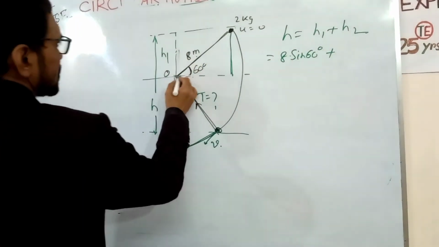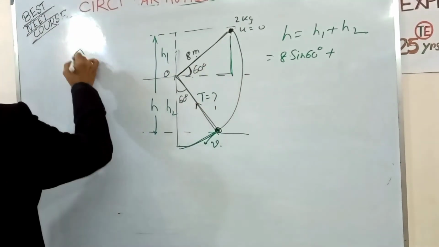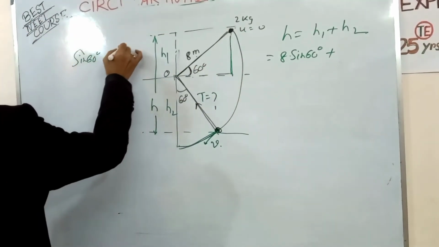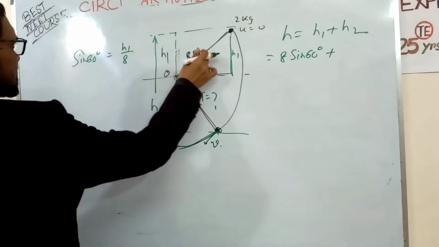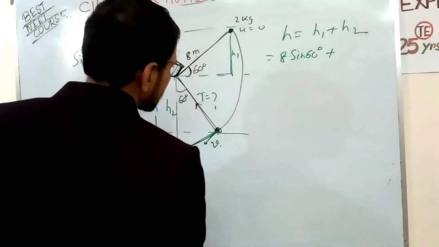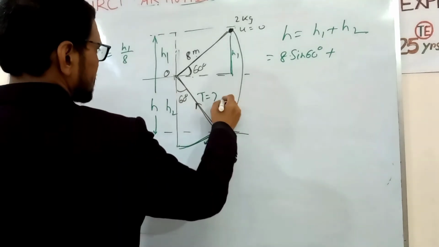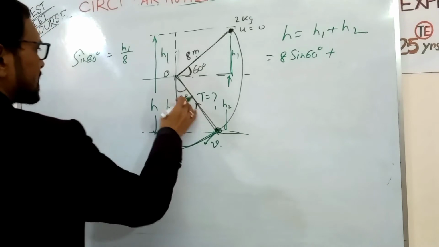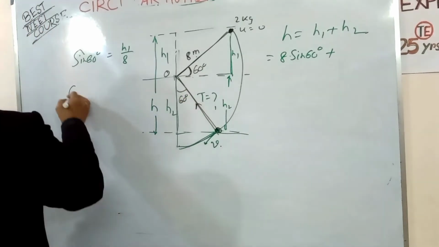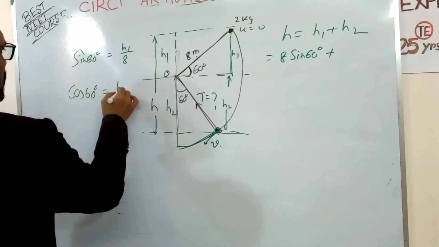Because from this triangle, sin theta equals perpendicular by hypotenuse; suppose this is h1 and the hypotenuse is 8, so h1 equal to 8 sin 60 degree. And what is h2? From this triangle, cos 60 degree equal to h2 by 8.